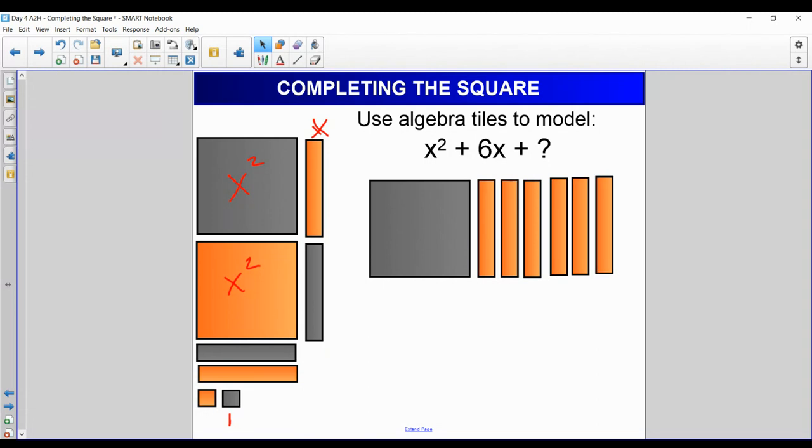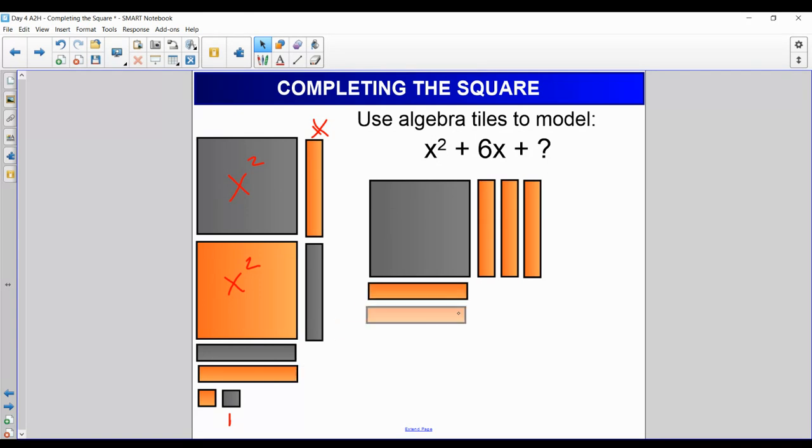It looks much more like a rectangle. So if we get rid of these here and instead bring in some down here, now we're creating more of a square shape.